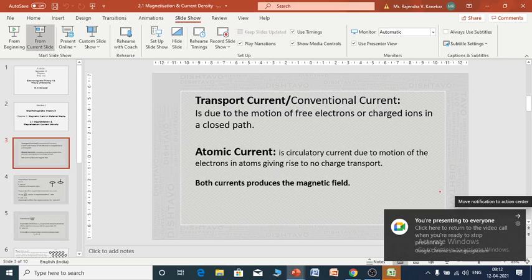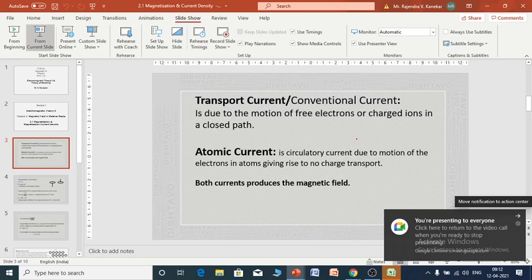There will be a magnetization current, and it is responsible for the magnetization of the material. The magnetization current is different from the atomic current. The magnetization current is the current equivalent to the current flowing in a wire.